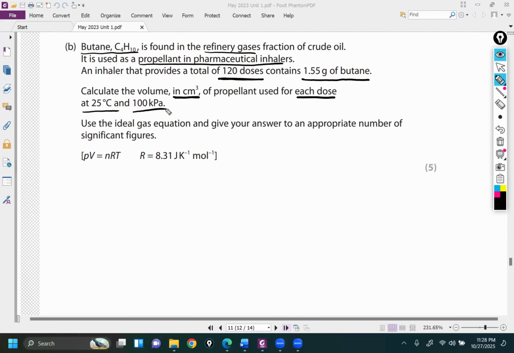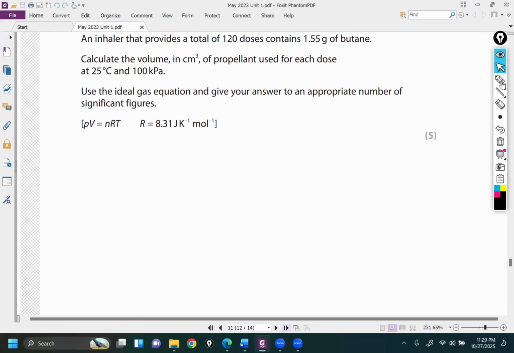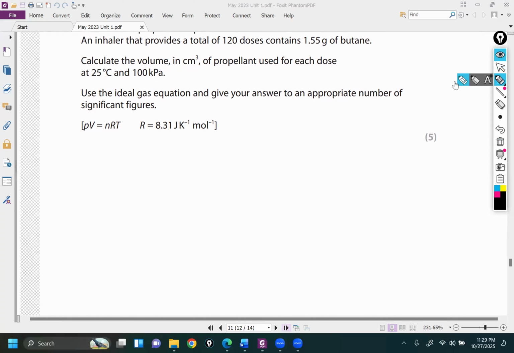So in this case, you will start, but let me move this a bit up to make more space over here. First of all, you see the temperature is given in degrees Celsius. You have to change this into Kelvin.